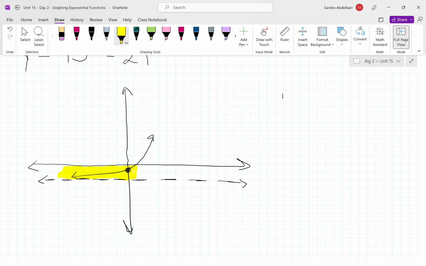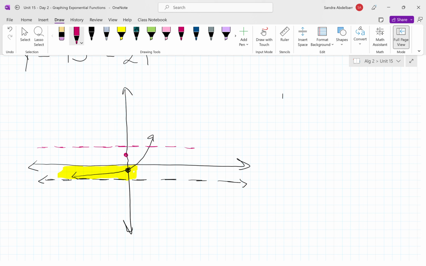So instead of 0, negative 1, we are at 0, positive 1. We're taking the absolute value of it. So now we are here. And there was a horizontal asymptote at, what was this, y equals negative 2? So now I'm going to put a horizontal asymptote at y equals positive 2.